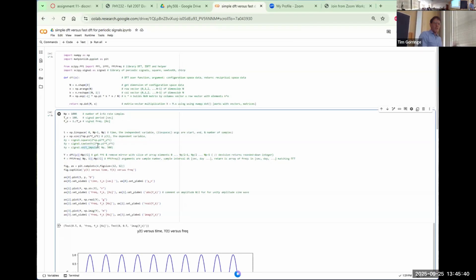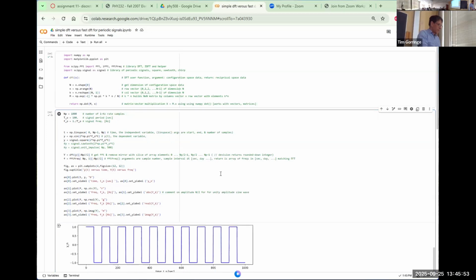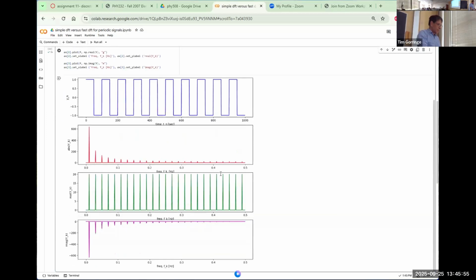The homework assignment is to perform a Fourier transform like this on some simple data. If I go to the square wave, because we talked about that at the beginning. Here's the square wave in the time domain, the same period, 100 seconds, same total range, 1,000 seconds.